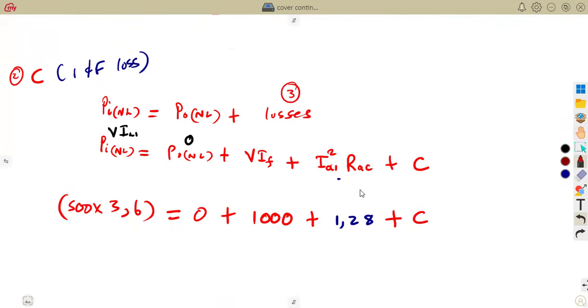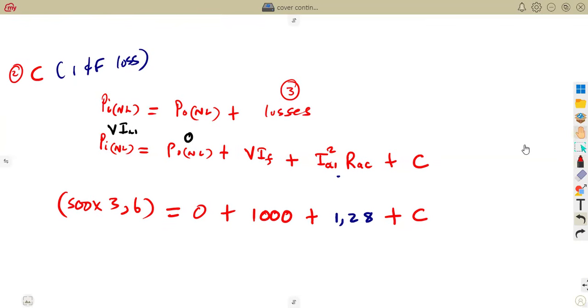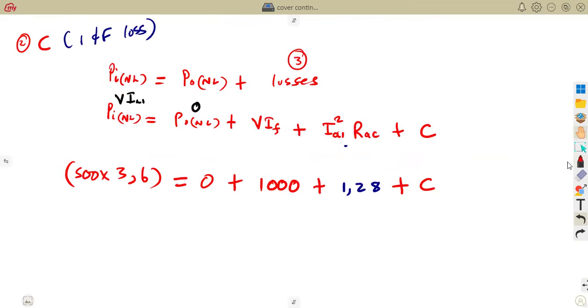So we can calculate the C, the iron, friction, and windage losses, just like that. So formulas, guys, do not be afraid of these formulas. They just want you to have confusion, writing this and that. Still one and the same thing, the way that you used to have these formulas. So just combine. So 500 times 3,6 was going to give us 1,800, which is equal to 1,000, whatever that you're going to have here, guys. Just subtract it this side.